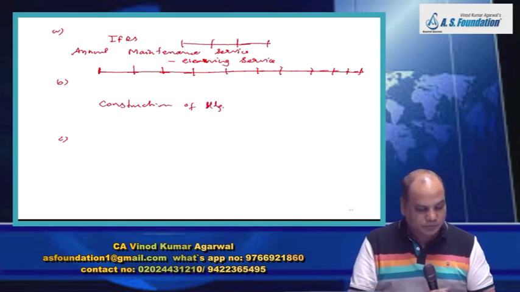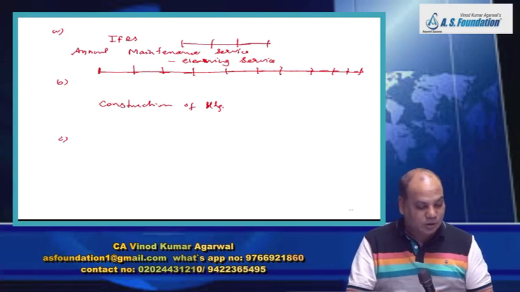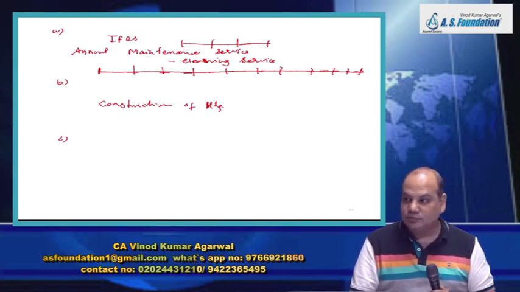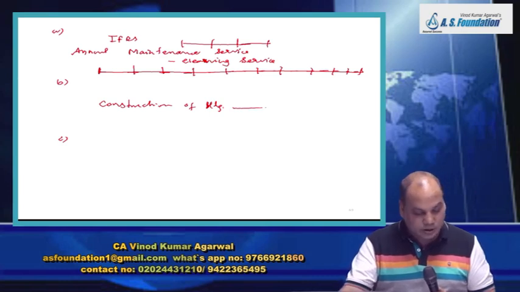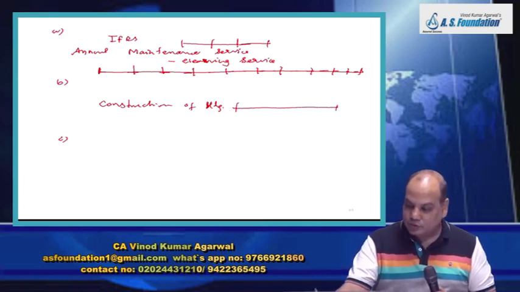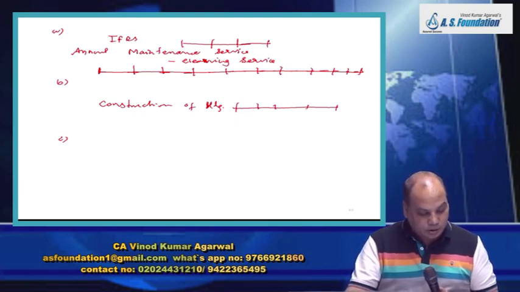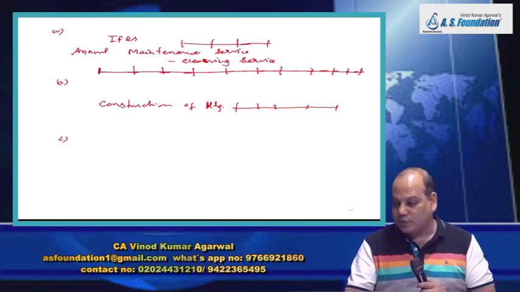Construction of a building. Example read from the book. Buildcon PLC undertakes a contract to construct a factory building for one of its clients. No problem. Here the asset will be created over time, so it might take 4 years to complete. Revenue shall also be recognized accordingly over the period of time.